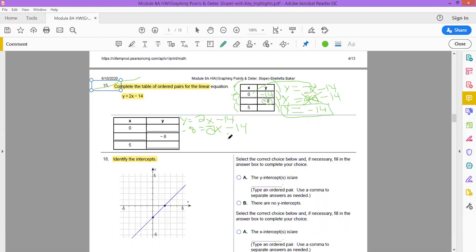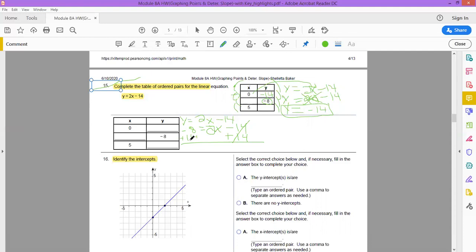So the first thing we want to do is add 14 to both sides of the equation. Adding 14, remember, is the opposite of subtracting 14. When we add 14 on the left side of the equation, we have -8 plus 14.